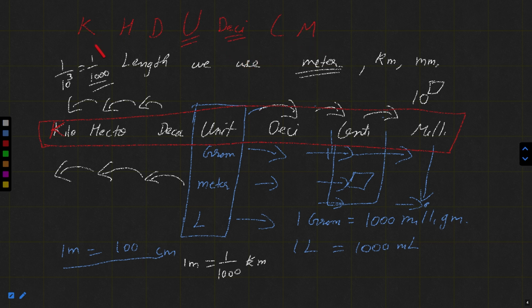If you remember a Hindi song, what Hindi song am I talking about? I am talking about Keh Du Tumhe Ya Chup Rahun. Here is our word keh du: kilo, hecto, deca, unit.